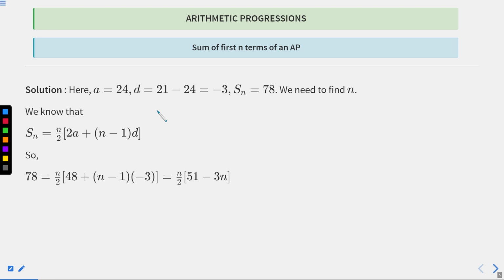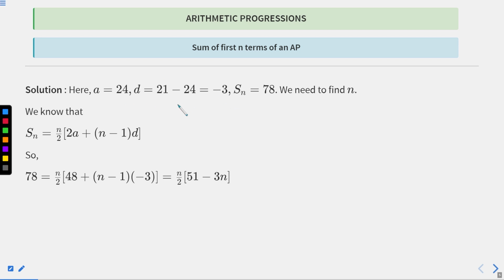We know the formula: Sn is equal to n by 2 times the first term a plus n minus 1 times the common difference d. So here Sn is 78, a is 24 and d is minus 3.